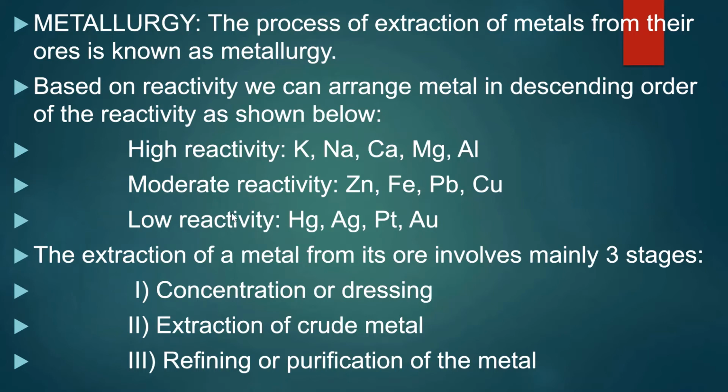And the least reactive metals are mercury, silver, platinum, and gold. The extraction of a metal from its ore involves mainly three stages: concentration of ore, or dressing of the ore; the second stage is extraction of crude metal; and the third stage is refining or purification of the metal.